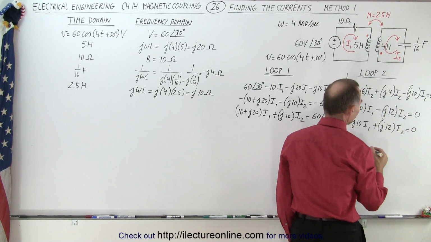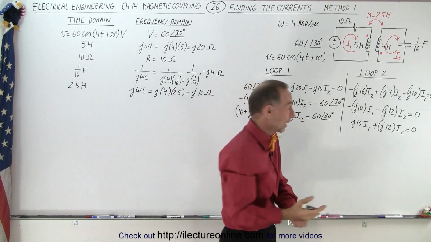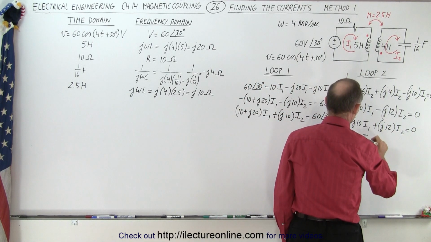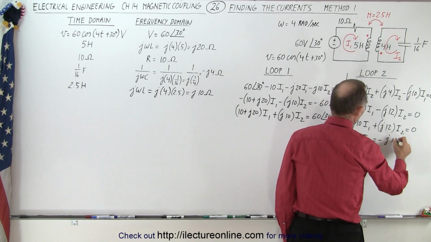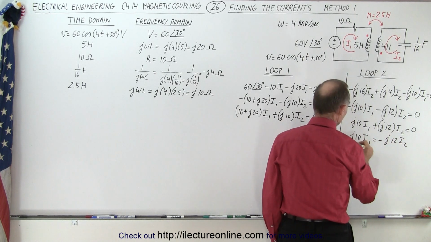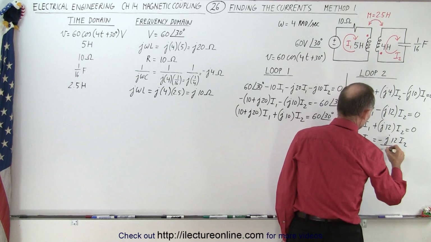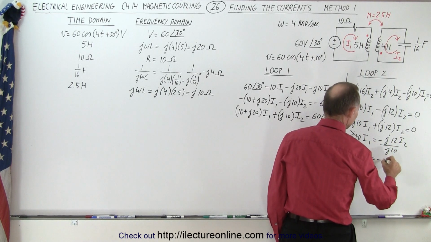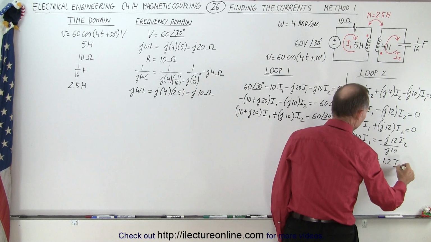Now moving this across, I can solve for I1 in terms of I2. So j10 I1 equals minus j12 I2. If I then divide both sides by j10, notice I have I1 is equal to minus 1.2 I2.